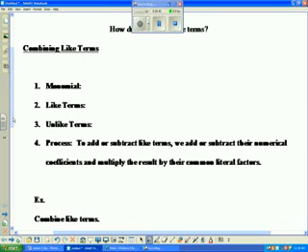Our first piece of vocab is the word monomial. Does anybody know what a monomial is? This is one single term. Okay, that's what you're going to write for monomial, one single term. Who can give me an example of a monomial?